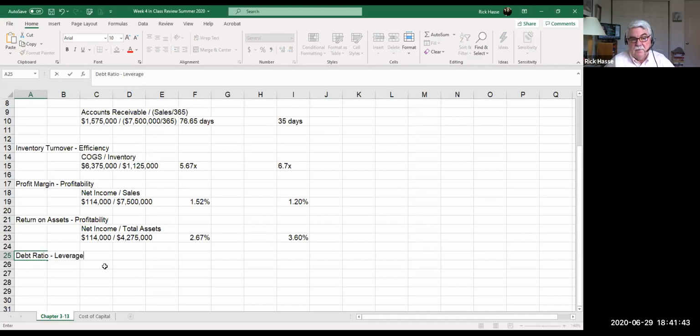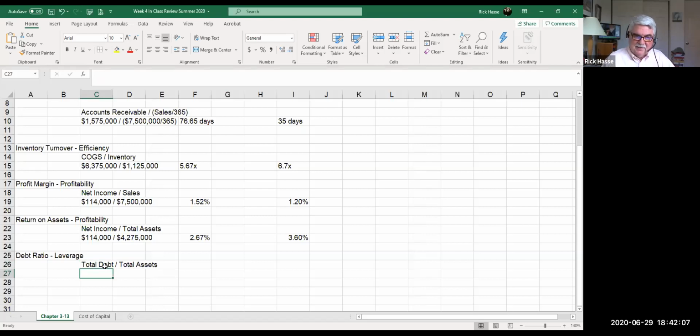The debt ratio, the relationship of total debt of the company, both short-term and long-term, to the total assets of a company. What percent is debt to assets? In other words, what percent is debt in the capital structure? Remember that phrase. What percent is debt in the capital structure of this company?